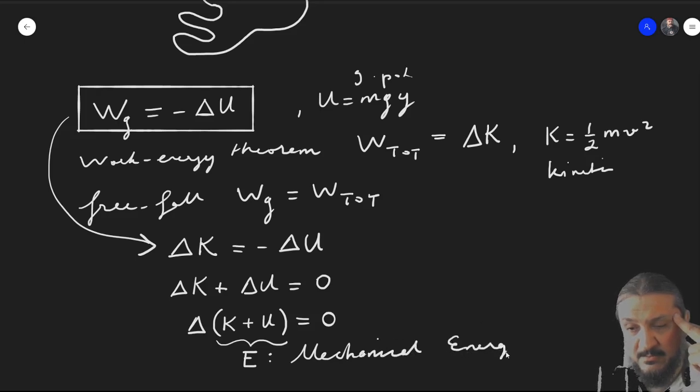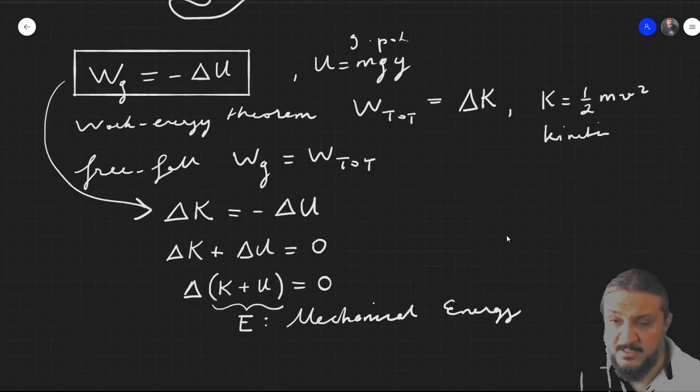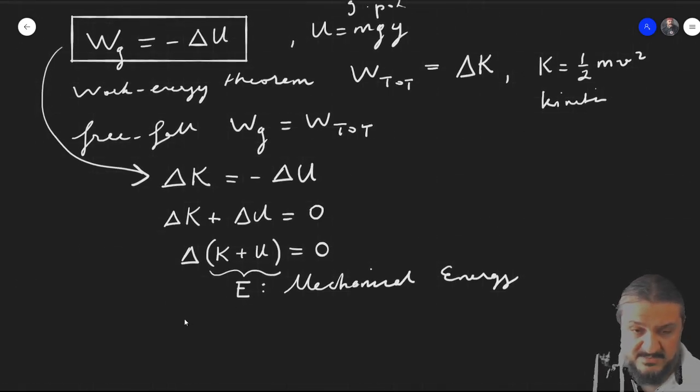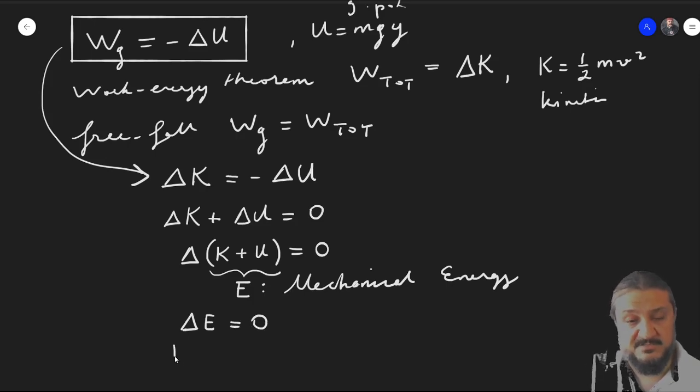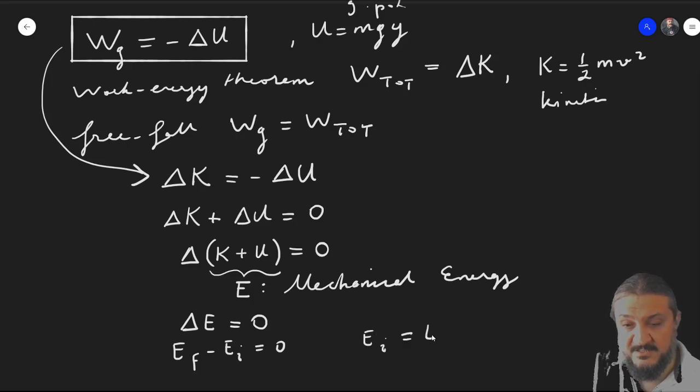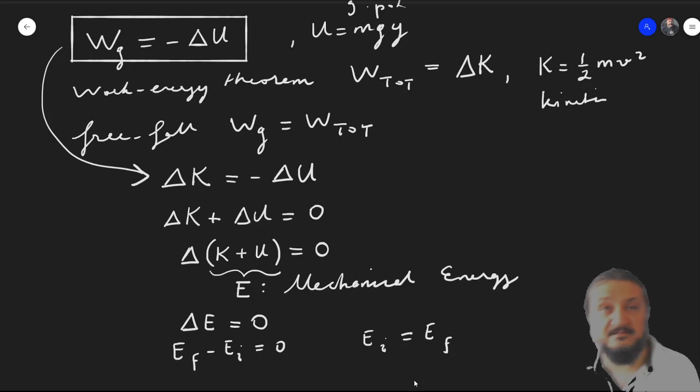But what we have here is delta E is equal to 0. In other words, E final minus E initial equal to 0. In other words, E initial is equal to E final.